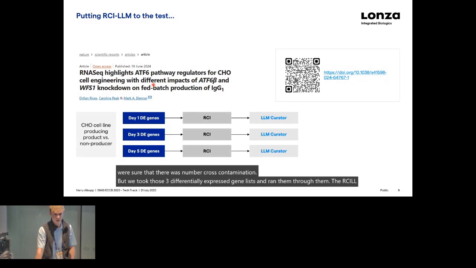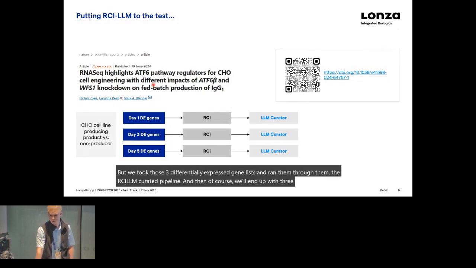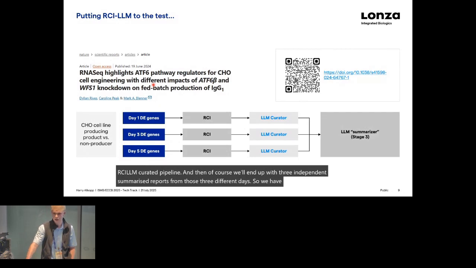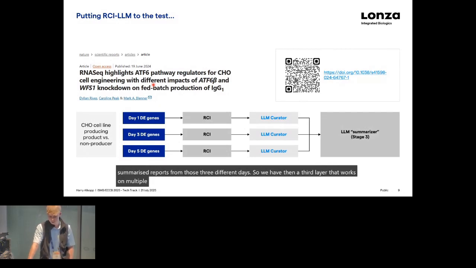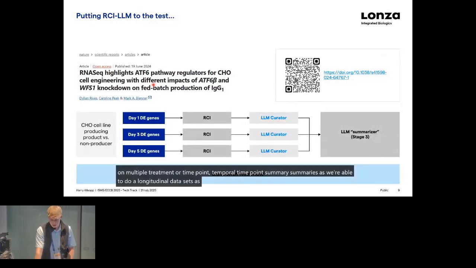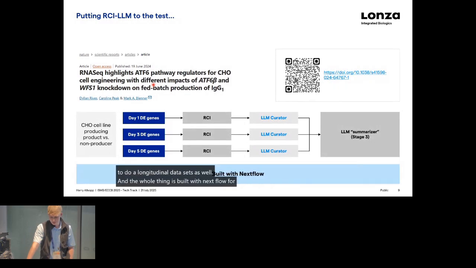And then, of course, we end up with 3 independent summarized reports from those 3 different days. So we have then a third layer that works on multiple treatment or temporal time point summaries. So we're able to do longitudinal data sets as well. And the whole thing is built with Nextflow for scalability and reproducibility as well.